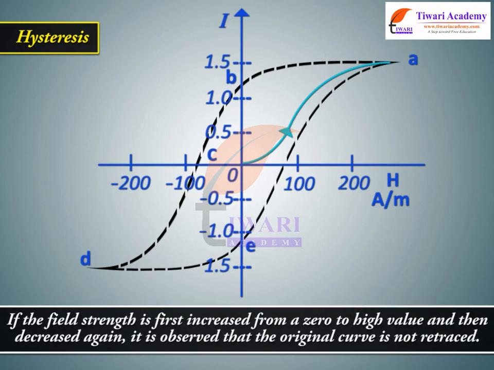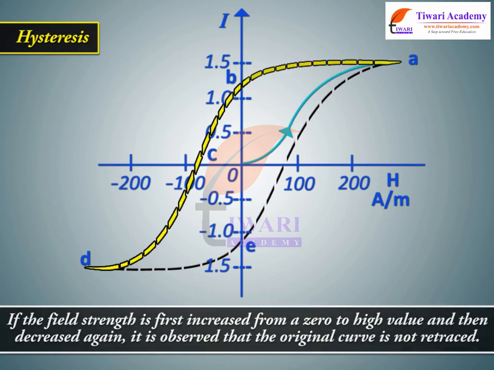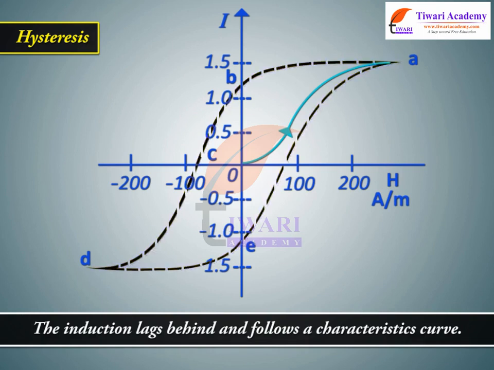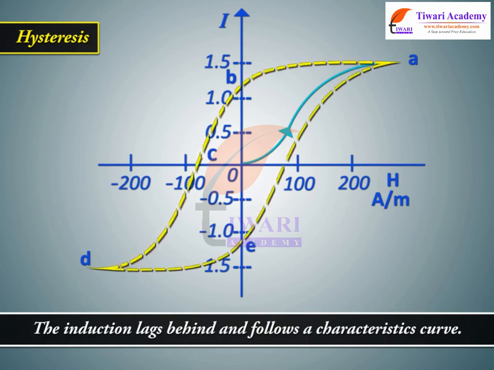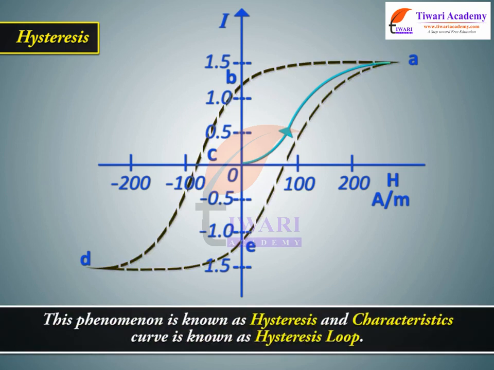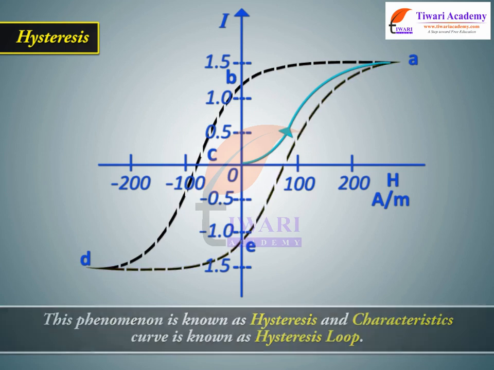If the field strength is first increased from 0 to a high value and then decreased again, it is observed that the original curve is not retraced. The induction lags behind and follows a characteristic curve. This phenomenon is known as hysteresis, and the characteristic curve is known as the hysteresis loop.